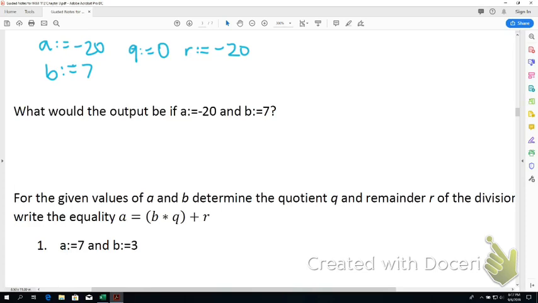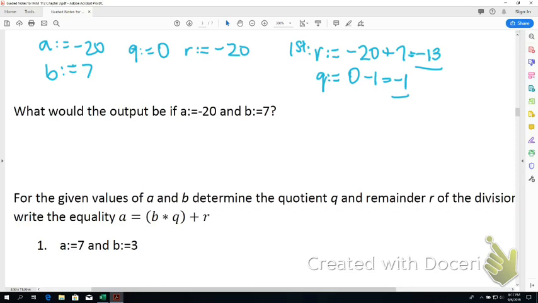The first time through my repeat, R is assigned to be R, which is negative 20, plus B, which is 7. This gives me negative 13. And then Q is assigned to be Q, which is 0, minus 1. I get minus 1. So currently R is negative 13, Q is minus 1.